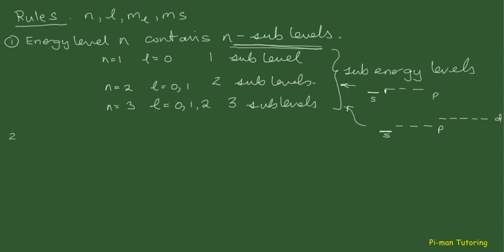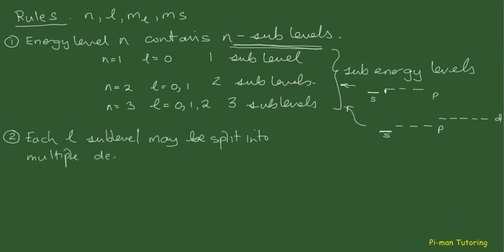So number 2, each l sublevel may be split into multiple degenerate orbitals. And what do we mean by that?